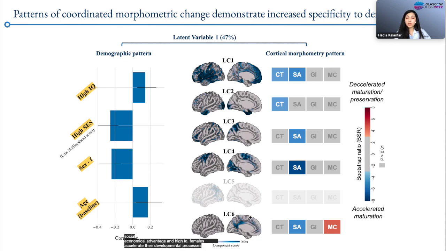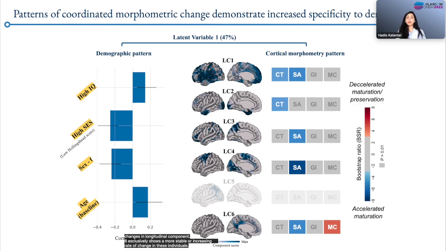And this pattern is mostly manifested in surface area and then cortical thickness almost uniquely in regions that are related to heteromodal processes. On the other hand, mean curvature changes in longitudinal component 6 exclusively show a more stable or increasing rate of change in these individuals.